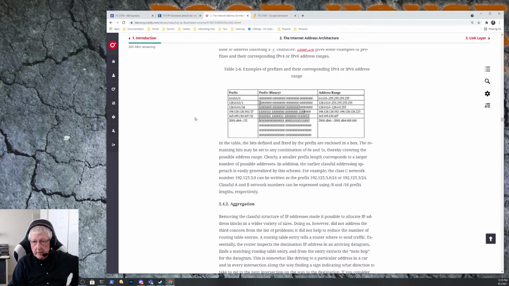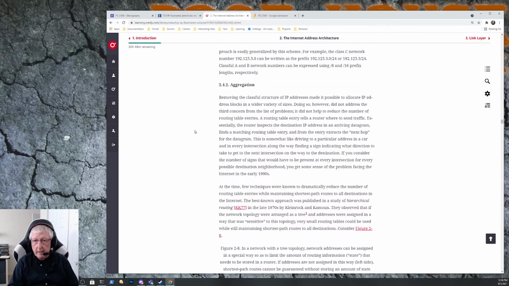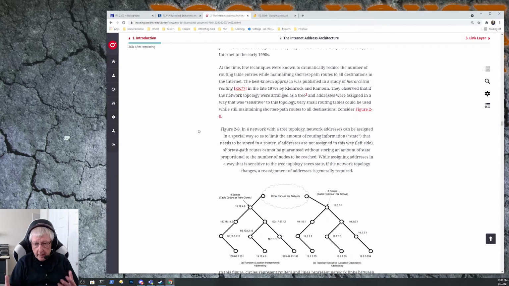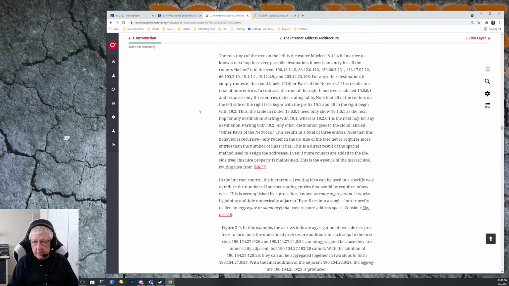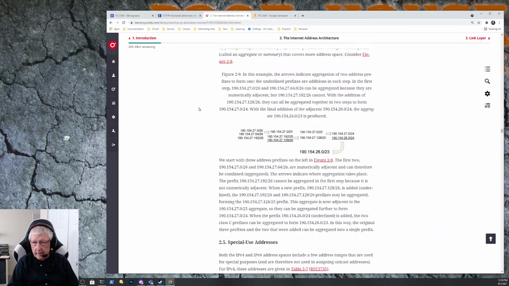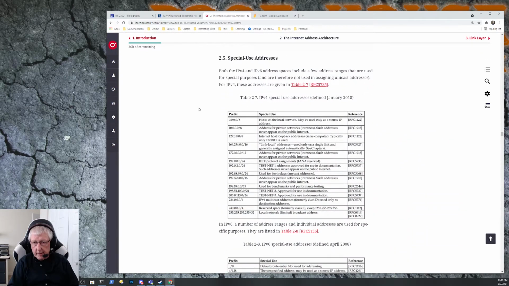And note he always does that for IPv6 as well, and that's fine. We just don't need a lot of the details of that yet. And it talks about aggregation and why we actually do this. This is important to read, at least to understand why we're all doing all of this.